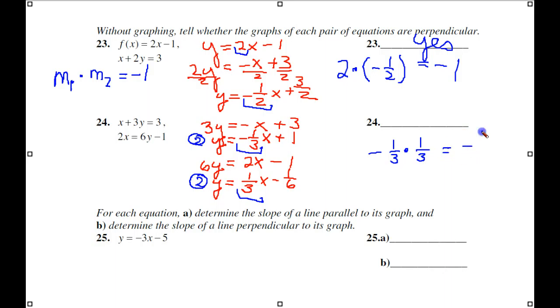Notice that's a negative 1/9. It's not a negative 1. So don't get faked out. These aren't even parallel because they're not the same slope. And the product of the slope doesn't give you a negative 1. So this is no. Okay, and we'll work on these in just a moment.